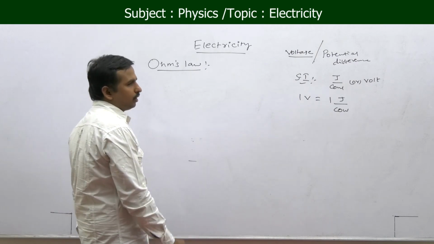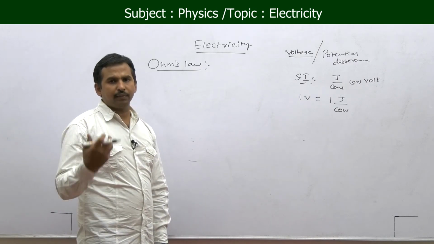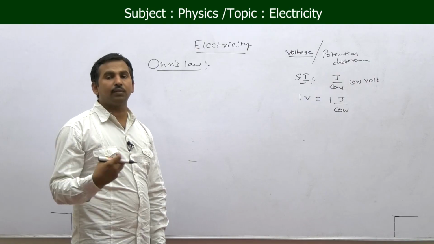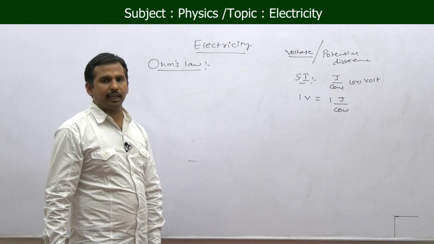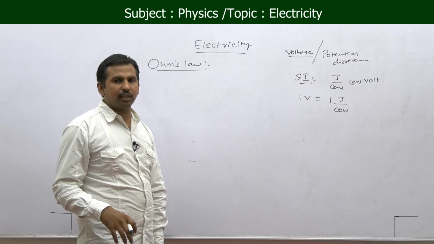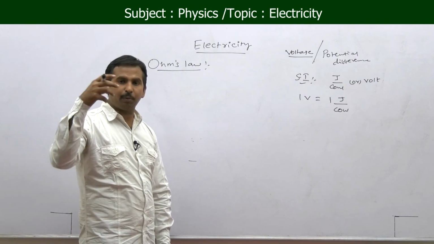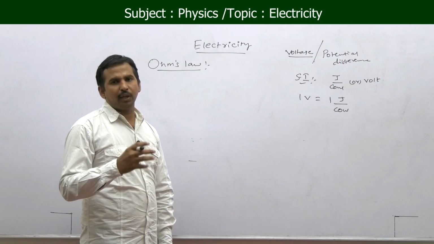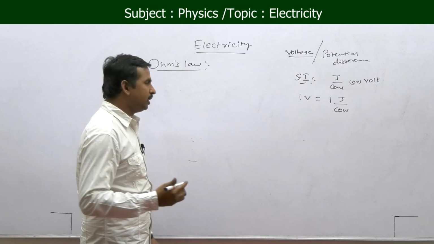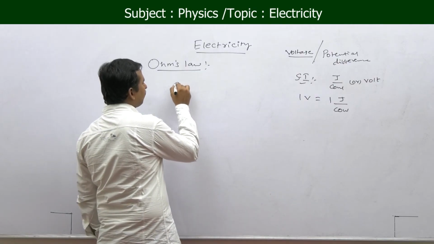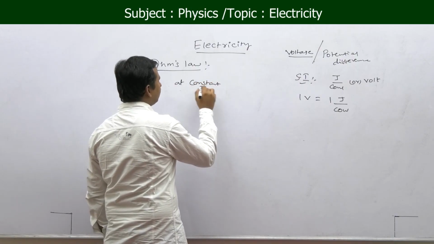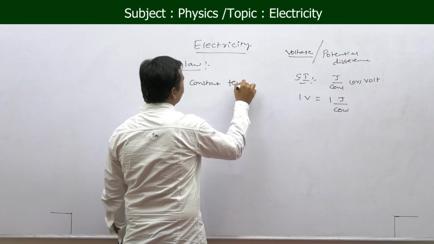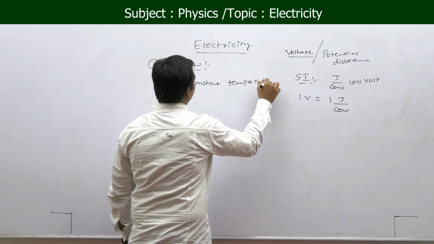According to Ohm's law, whatever potential difference, or whatever work you are doing on the unit charge to go in one particular direction, depending on the voltage indirectly, we get the current, at constant temperature. Very, very important: at constant temperature only can we apply Ohm's law.